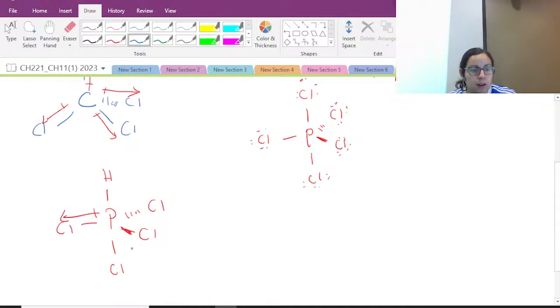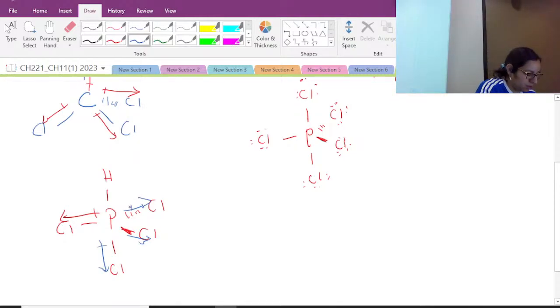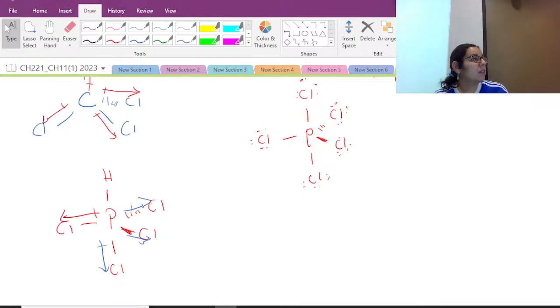We can draw our vector arrows to help us see that, so it's going out. And let's see, I'm fishing for a phosphorus. 1, 2, 3. Let's just see if my symmetry.